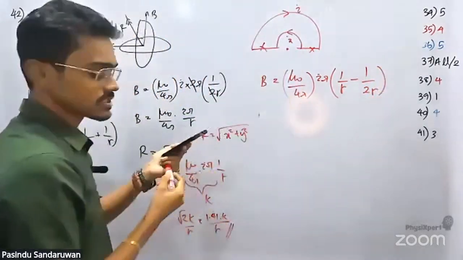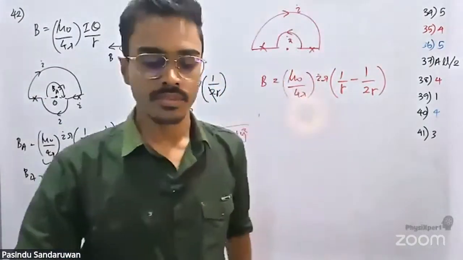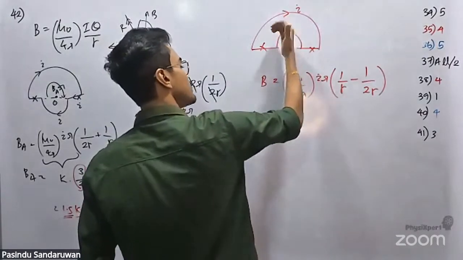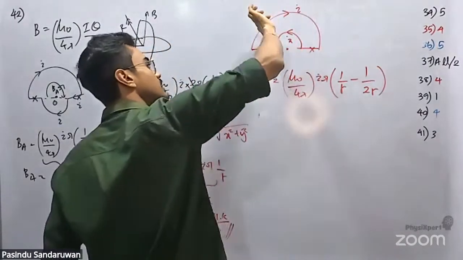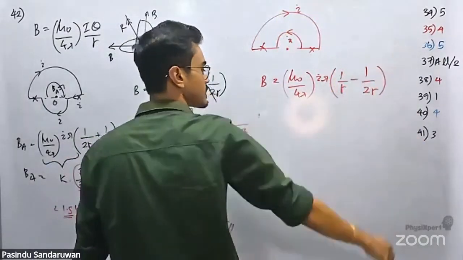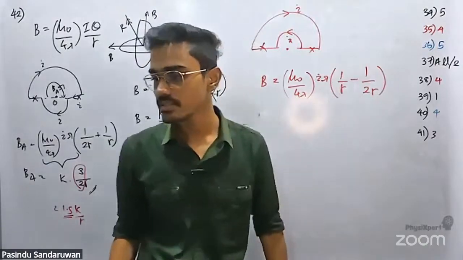Opposite directions, so subtract. Here the direction is dot from the smaller part, and from the larger part there is cross. Then from that dot value, subtract the cross value. They are vectors, right? Dot and cross are two opposite directions.